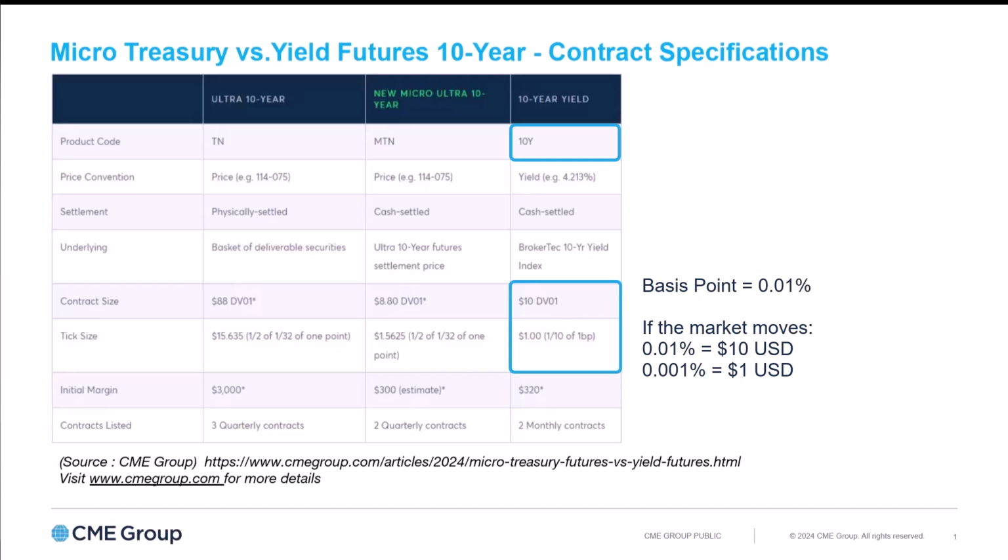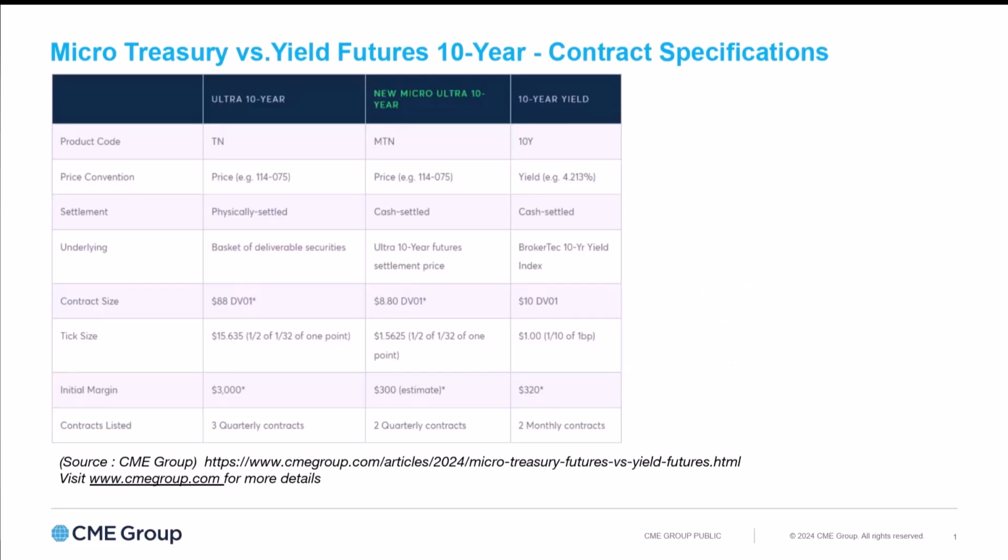So if the underlying yield at that maturity changes by 0.01%, the profit or loss is $10. That's brilliant. The most popular is the 10-year maturity, which is the benchmark tenor for most interest rates, other than the central bank policy rate. So that has attracted the most interest.